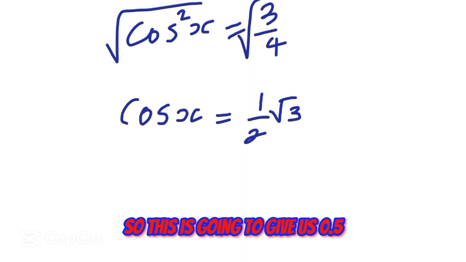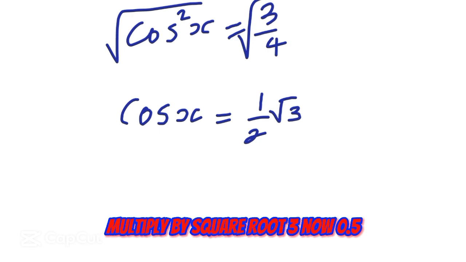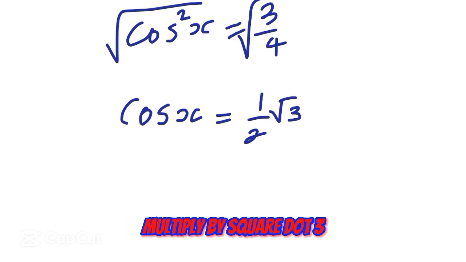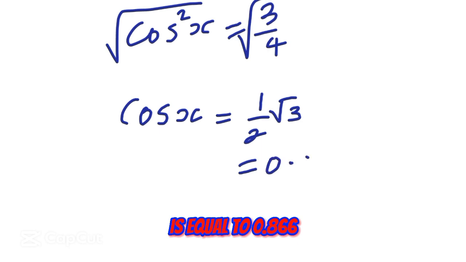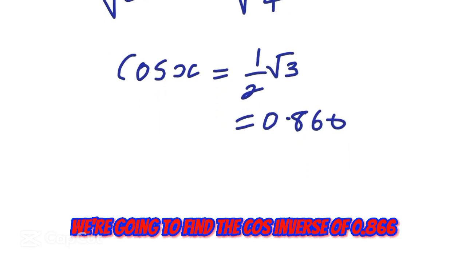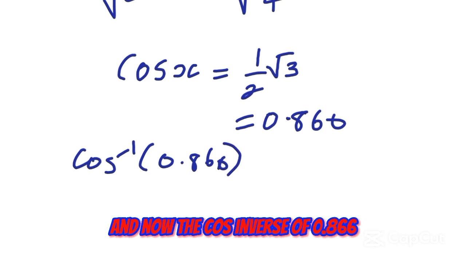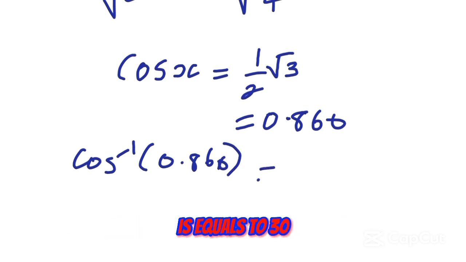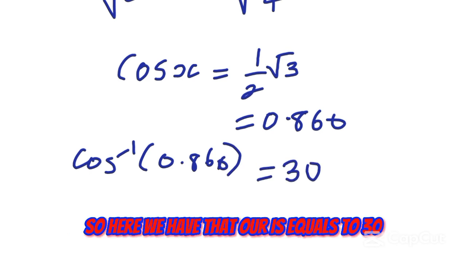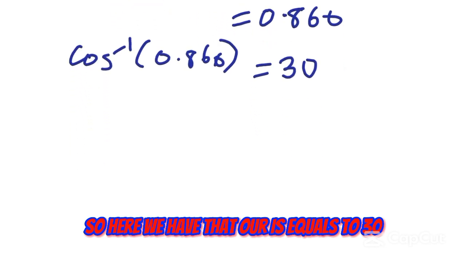So this is going to give us 0.5 multiplied by the square root of 3, and 0.5 multiplied by the square root of 3 is equal to 0.866. So to solve for x, we are going to find the cos inverse of 0.866. And now the cos inverse of 0.866 is equal to 30. So here we have that our x is equal to 30.